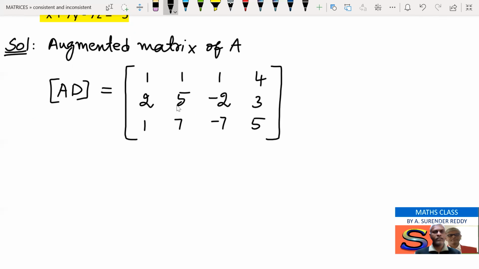Reducing this AD to the final shape, that is in this form.